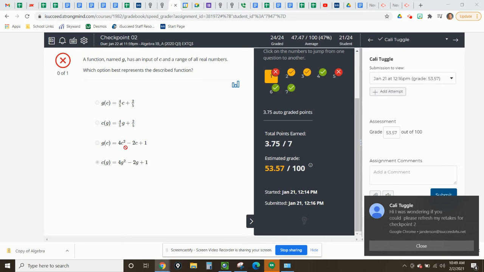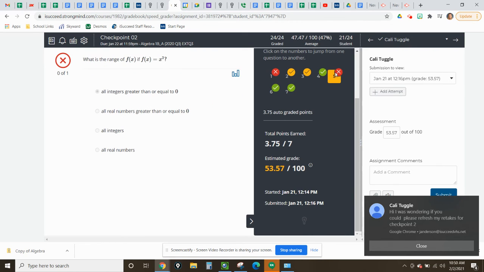So that limits the range. The range is only going to be positive numbers. It's going to end up being like a parabola. The graph will look like this. So this one's not going to have a range of all real numbers because of that c squared. I think the answer would have to be this one, because no matter what you plug in here for c, something will come out that is a real number. So that's what you want to do there.